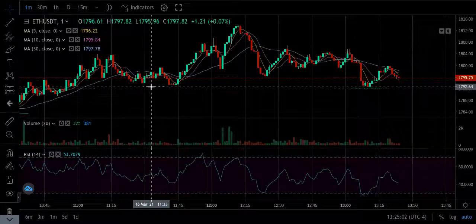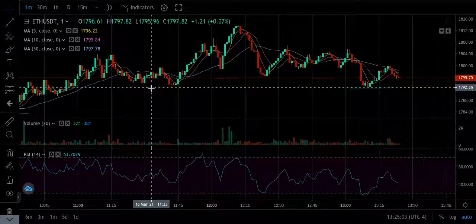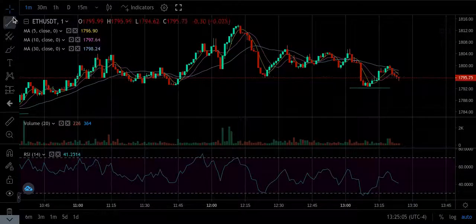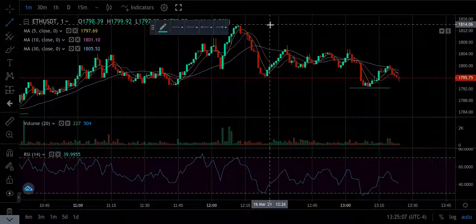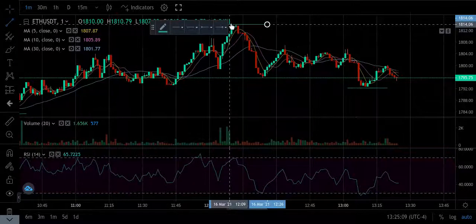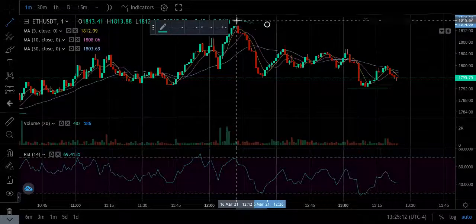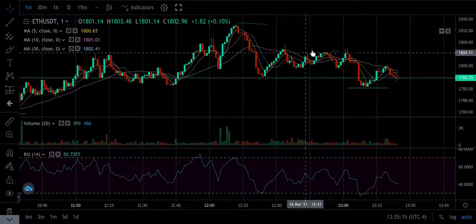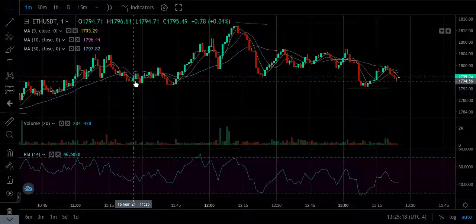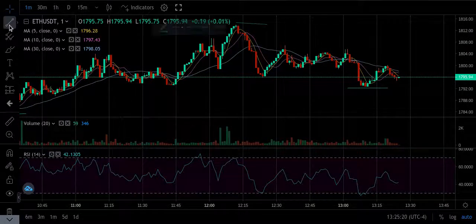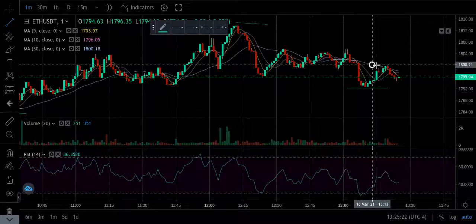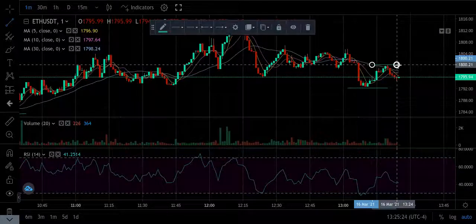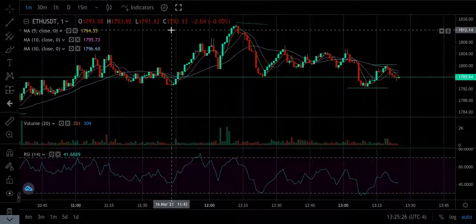That tells you it's a significant support line at 1790. I will also mark the top area, though it's hard to mark because of the frame, as 1812, and mark this area here and that area there.